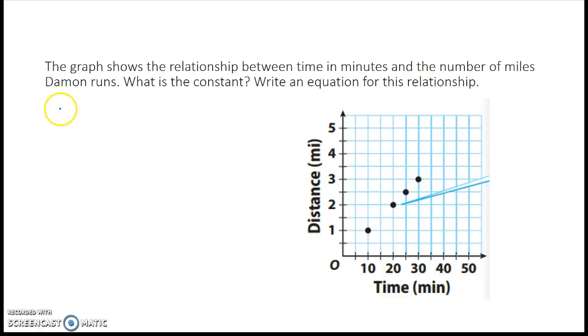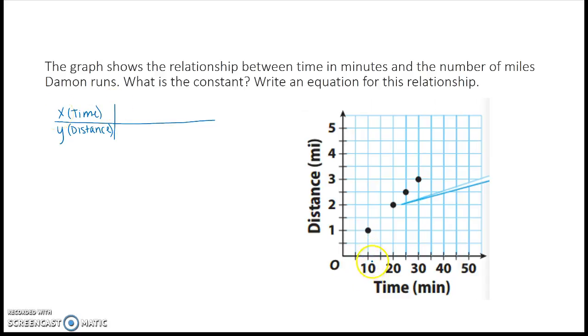You can do it X or Y, up and down or across. I'm going to make it horizontal. In this situation, X is time and Y is distance. So we're talking about how many miles he runs in a certain amount of time.